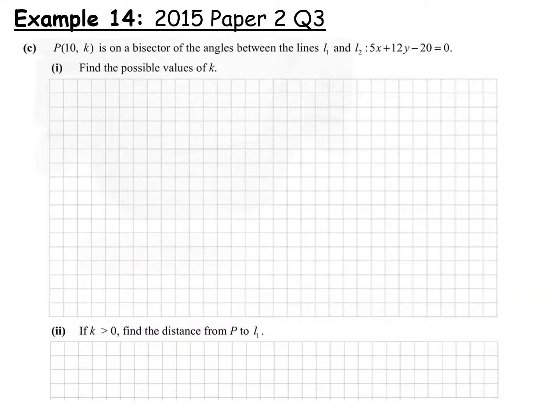Now it says P, which is (10, k), is on the bisector of the angles between L1 and L2. Find the possible values of k. So here are two lines. Let's call one L1 and one L2. It's only a sketch, it doesn't have to be accurate. We then have a bisector, so that cuts the angle in half, and we have this point P that is on the bisector.